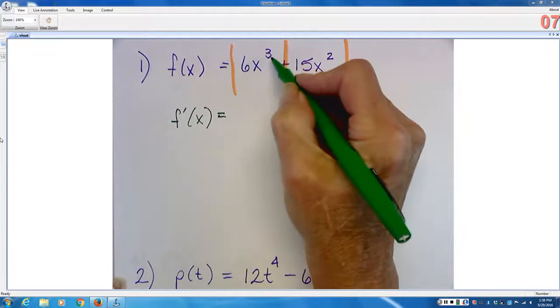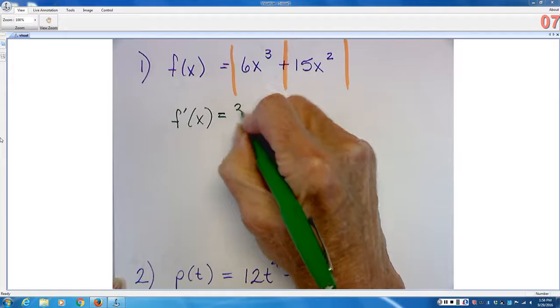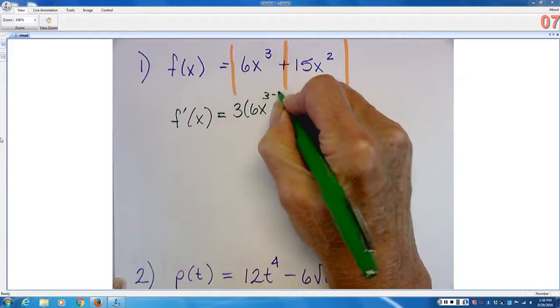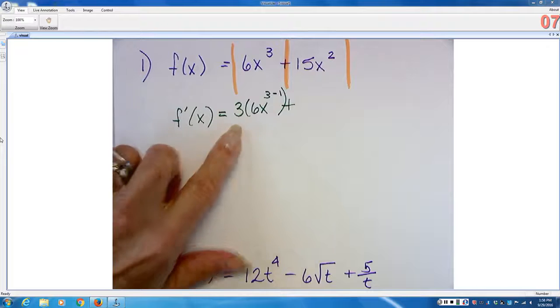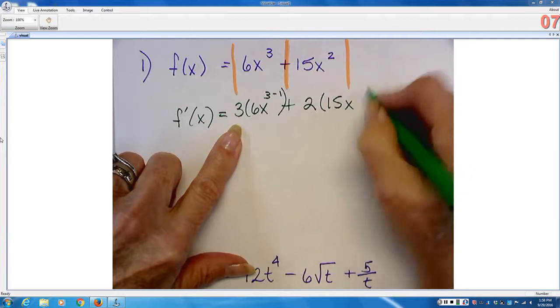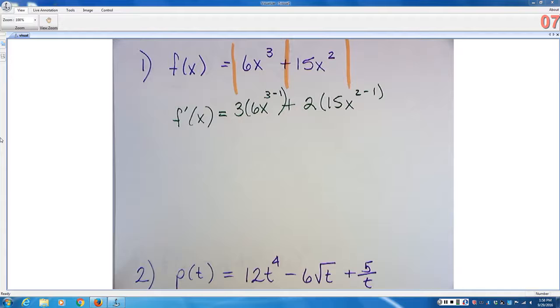This one's simply going to be 3 times 6x to the 3 minus 1. And this one's going to be 2 times 15x to the 2 minus 1.